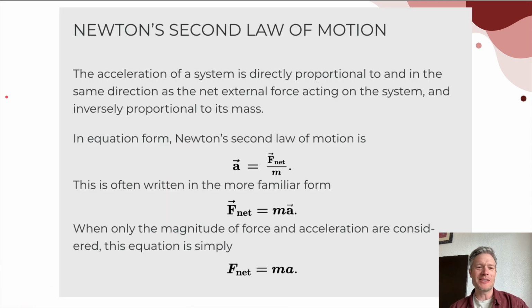Well, that is because of our second law of motion, originally stated this way. This is the equation derivation, and I'm always happy to work through that with you if you have any questions about those. But the primary thing is we look at our acceleration and we see that it is inversely proportional to its mass and proportional to the net force applied.